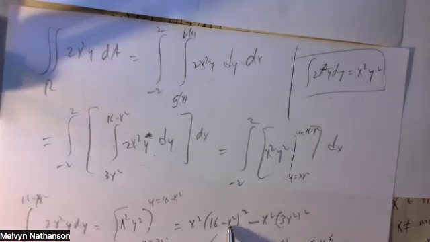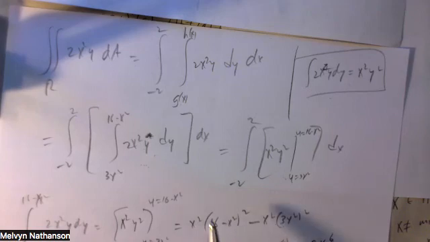So x squared times 256 minus 32x squared plus x to the 4th, minus 9x to the 6th. This is equal to 256x squared minus 32x to the 4th plus x to the 6th minus 9x to the 6th, which is minus 8x to the 6th. That's what this inside integral is.